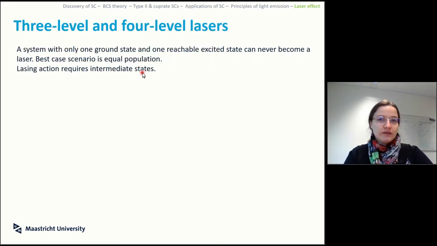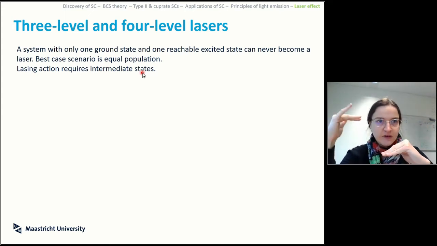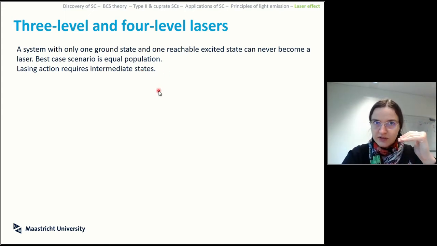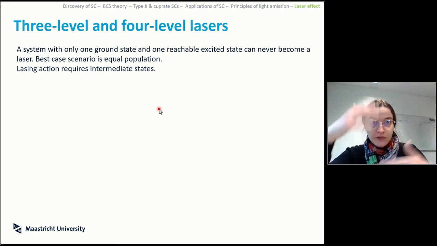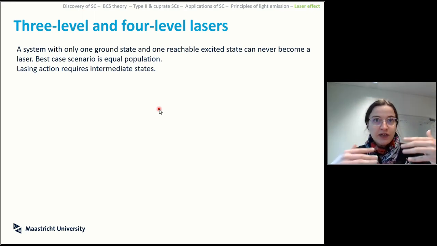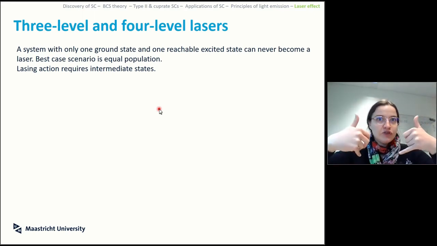Now, what do you need to achieve a population inversion? You cannot do this with a system that has one ground state and a single accessible excited state. You need intermediate states, because otherwise it's impossible to achieve population inversion, and you cannot just flip the population of the states.